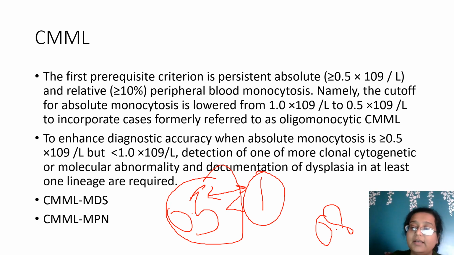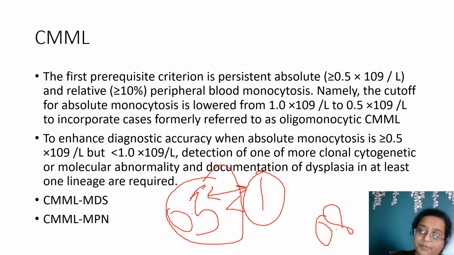Clonality means it's a malignancy, single clonality. And since it's an MDS/MPN, there's proliferation and dysplasia. This was there before also. So you should also have evidence of dysplasia in at least one lineage. And then some new names have come: CMML-MDS and CMML-MPN type, depending on the counts, which I'll take up later.